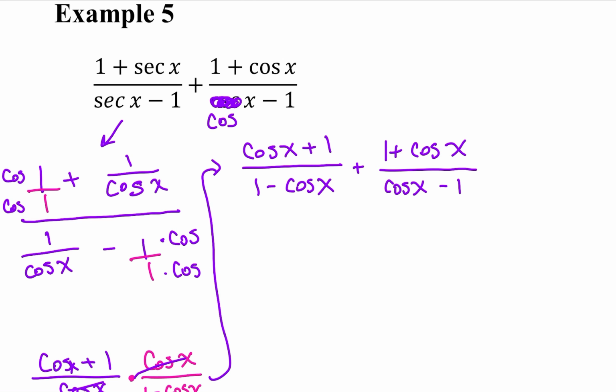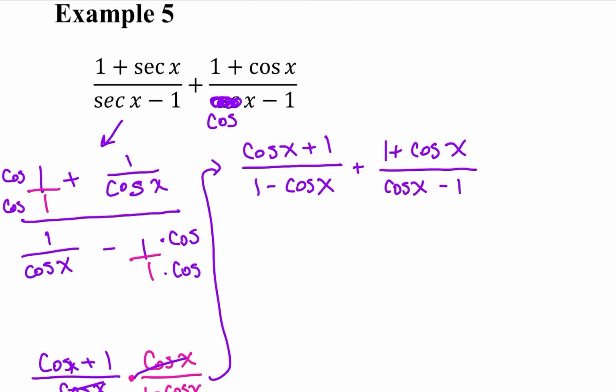So let's make a small change here. I'm going to keep this first fraction the same, cosine of x plus 1 over 1 minus cosine of x, plus, and I'm going to do a little factoring here. I'm going to factor a negative 1 out, meaning this top's going to stay the same, 1 plus cosine of x, and this denominator, I'm going to factor out a negative 1.